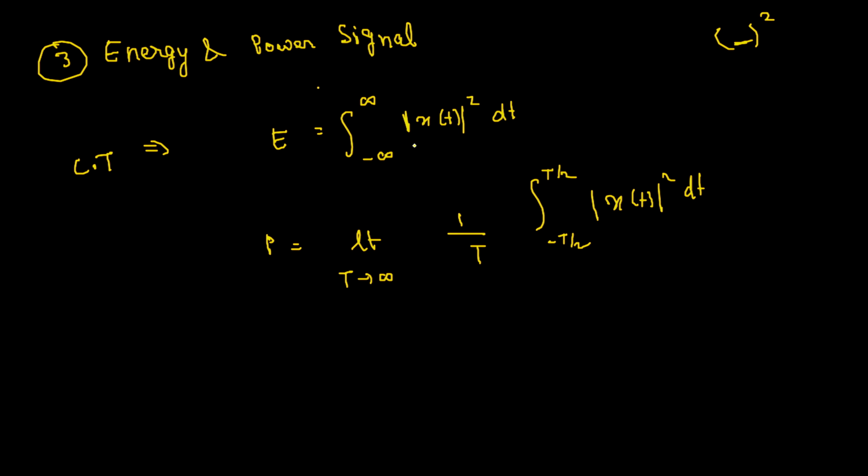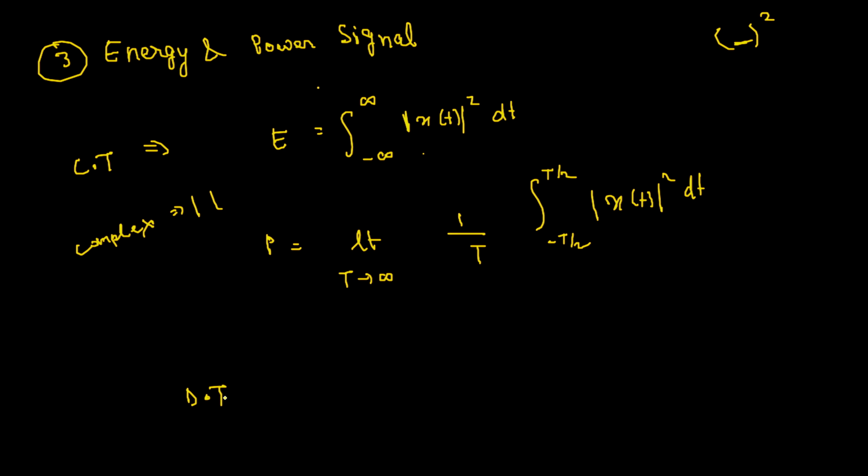But the modulus exists here because in case we're talking about complex functions, the modulus is what helps us find the energy or power, because the modulus tells us that we are only talking about the magnitude of the function. So that's why even though we have square, we ensure that the mod sign exists.